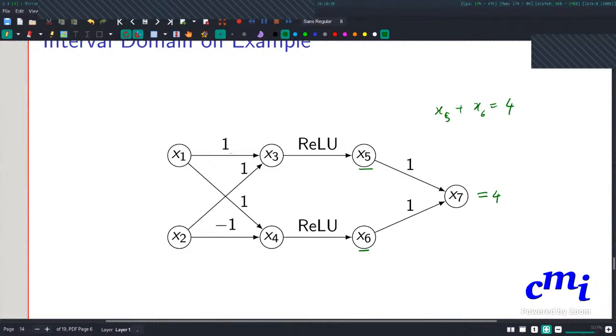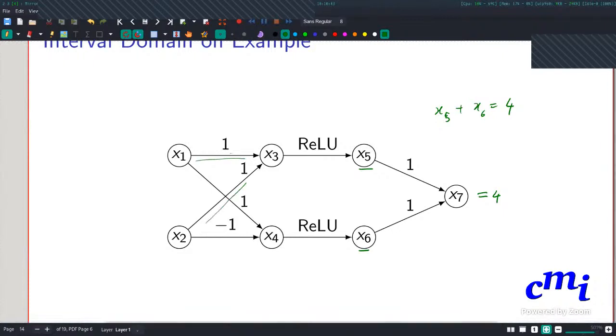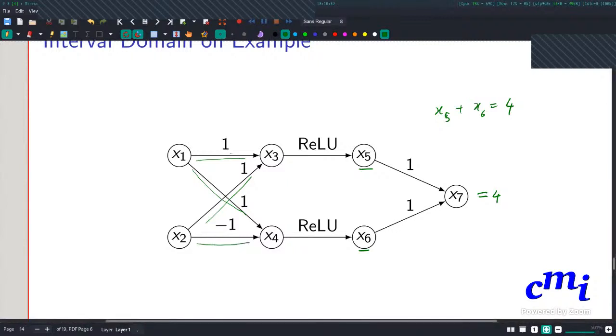Now remember that this guy is x1 plus x2, and this guy is x1 minus x2. I got it. The max value will be 3. Yeah, exactly. The maximum possible value will be 3, and we'll prove this using some different abstract domain later on.